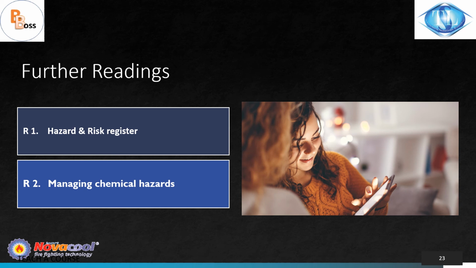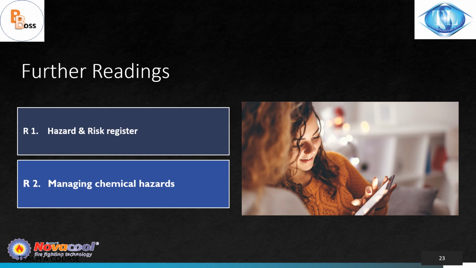Of course, for very severe things like explosions, they may, or they have to, use the QRA. But here, I want you to search and find what the hazard and risk register is, and maybe you can see a sample and do a hazard and risk register for your unit or company, or even for your home.